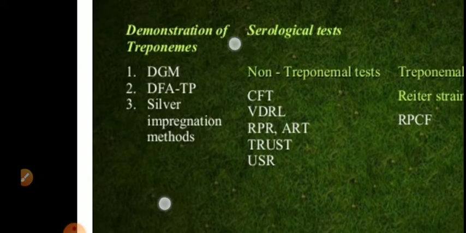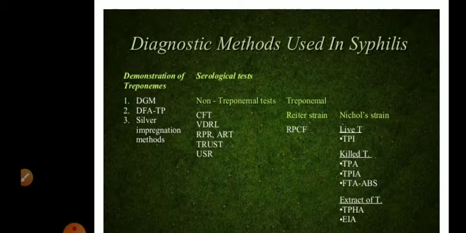Specific tests are those where we use treponemal antigens, like fluorescent antibody testing and the Treponema pallidum hemagglutination test, called the TPHA test. These tests are used to confirm the results obtained by the VDRL test.